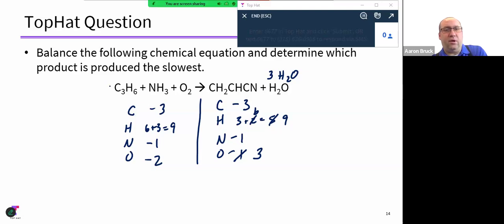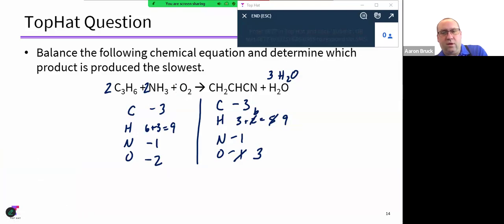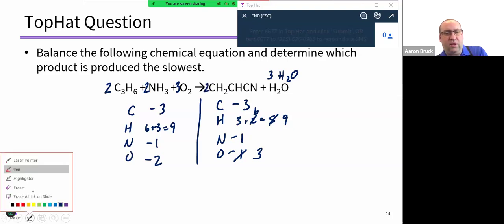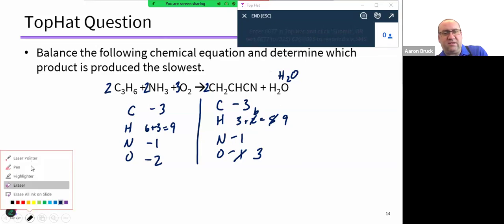So if we double, 2, 2, and then to balance this would have been 3 over 2, so we'll just turn it into 3. Two, and now 3 turns into a 6.